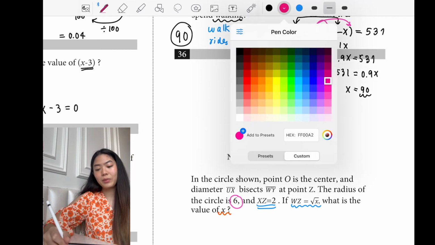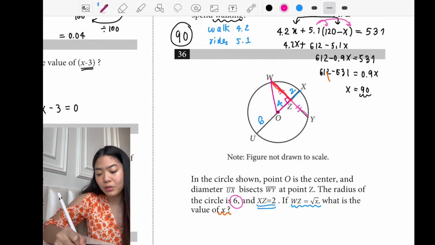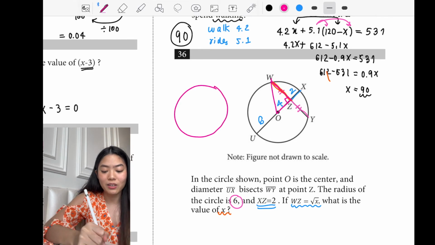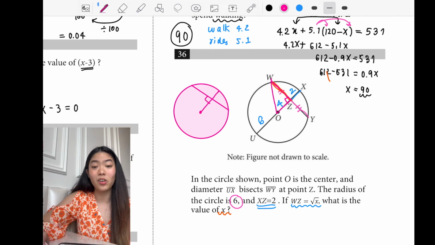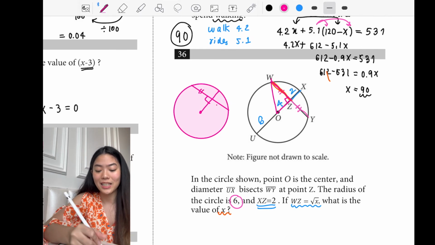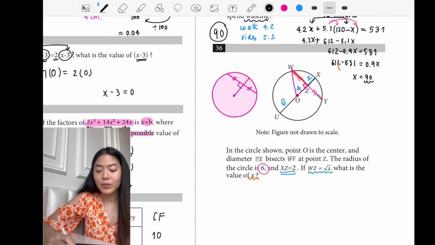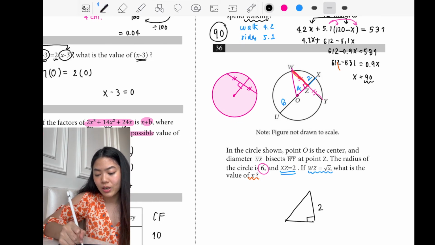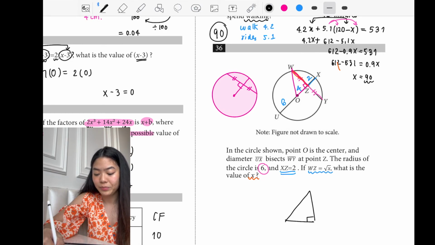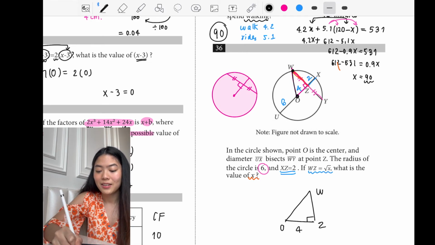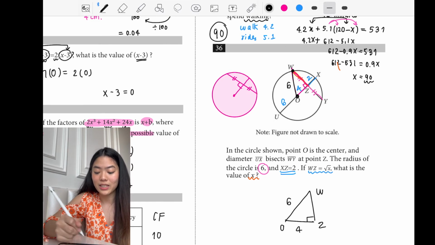As you can see, we can draw a triangle. Because if it bisects, there is a theorem that the radius and the chord are at 90 degrees to each other. Therefore, we can construct a right triangle, where CW is the one that we want to find, CO is 4, and OW is from the center to the circumference, so this would be the radius, which is 6.